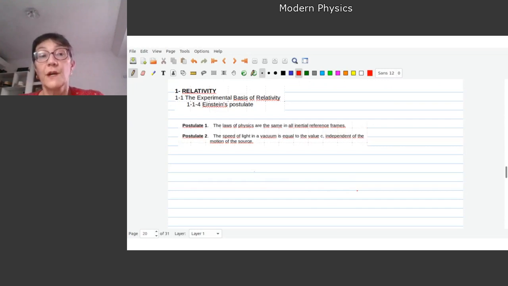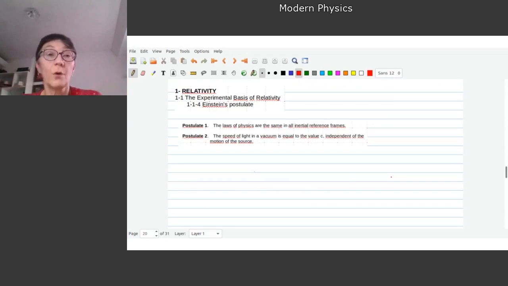And this is the new thing that Einstein said. He doesn't demonstrate it, he just says it. So a postulate is this: you say something, you say, well, I say this, and you build a theory on top of these postulates.